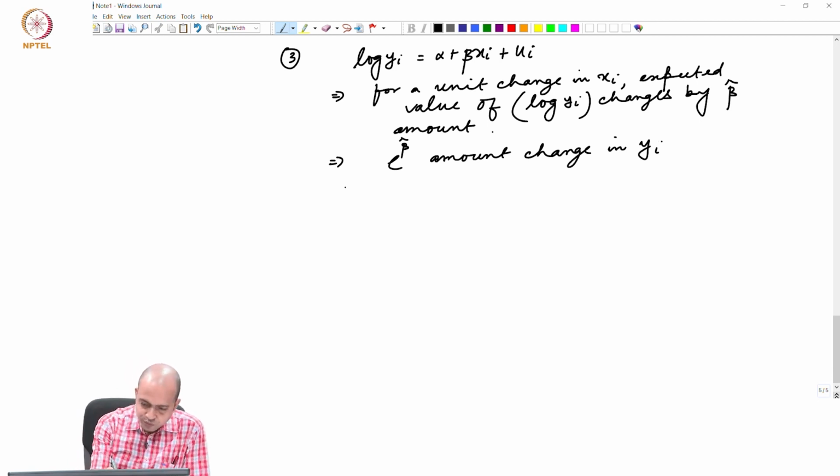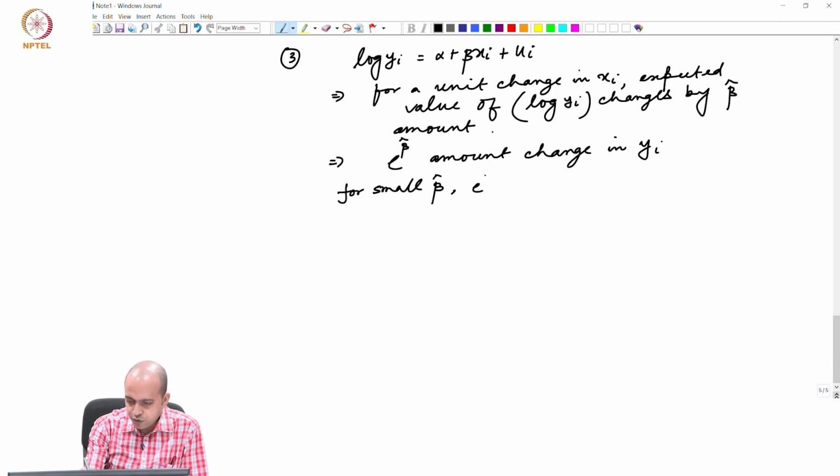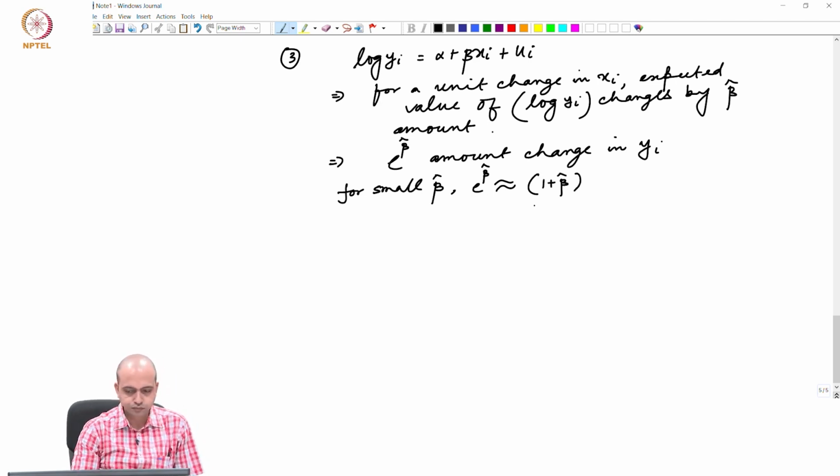Now, for small beta hat, e to the power beta hat is almost equal to 1 plus beta hat.